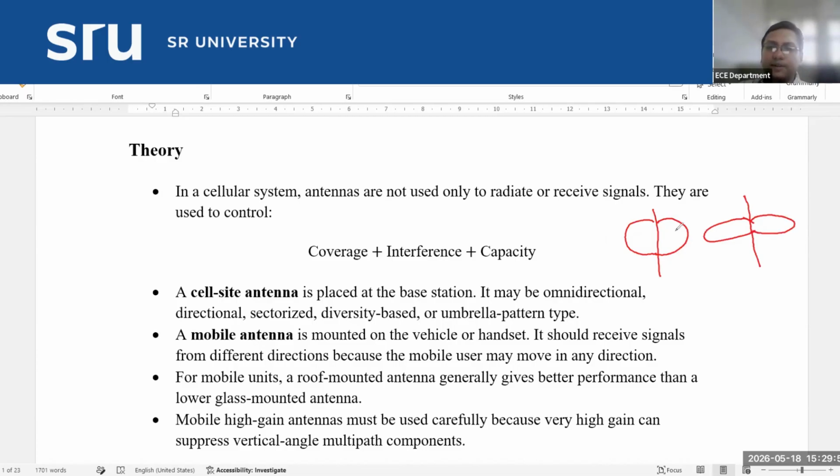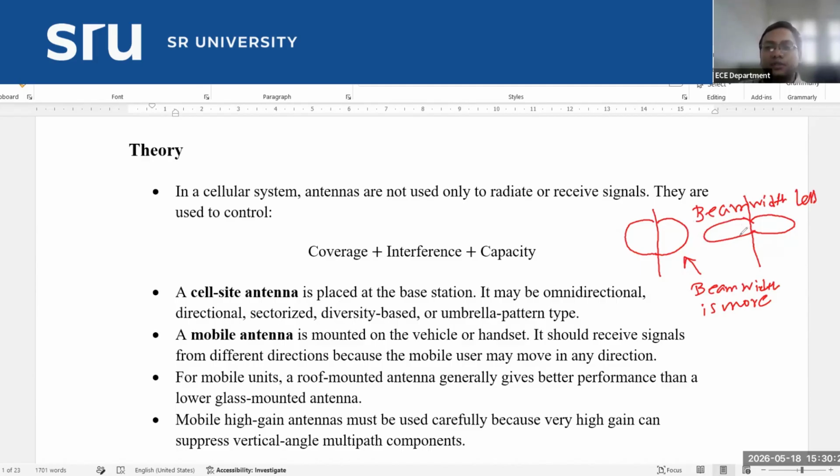So in such case, what happens? Here the beam width is more, so this is less directional, but here the beam width is less, so this is more directional. So we use directional beam to reduce interference.